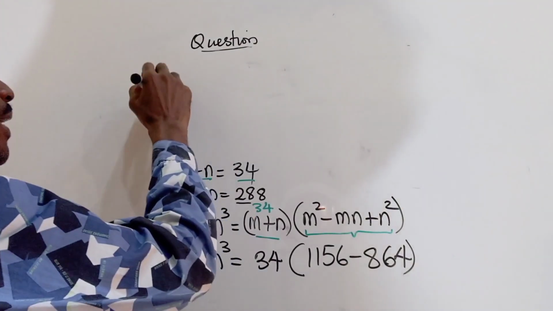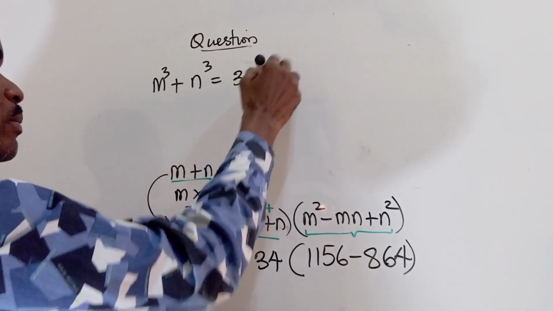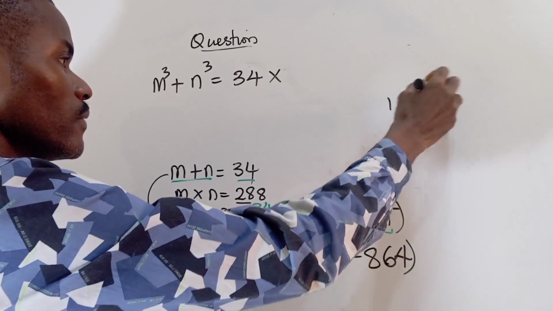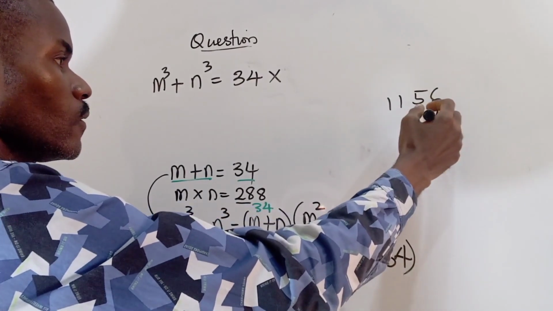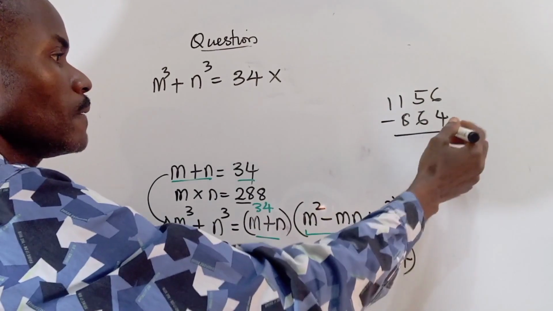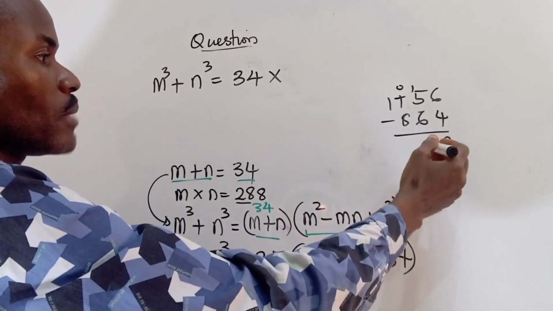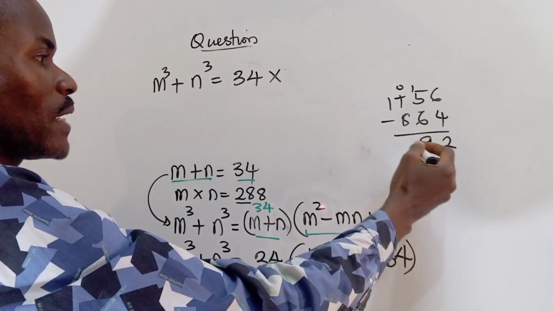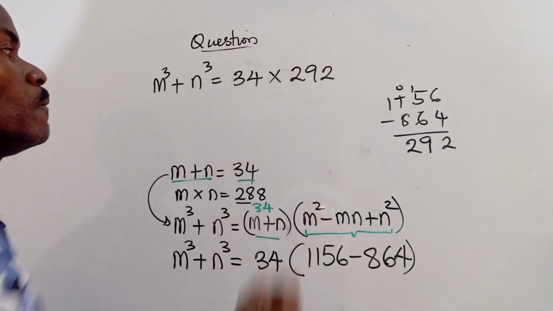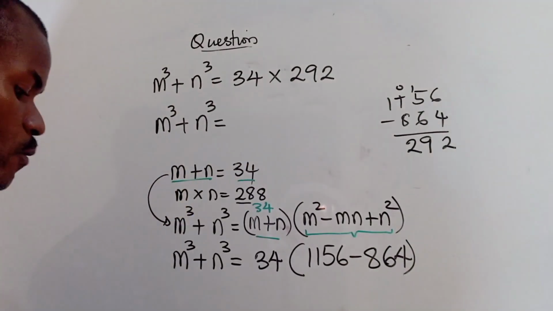So I have m cubed plus n cubed equals 34 multiplied by 1156 minus 864. Let's subtract: 1156 minus 864 is 292.